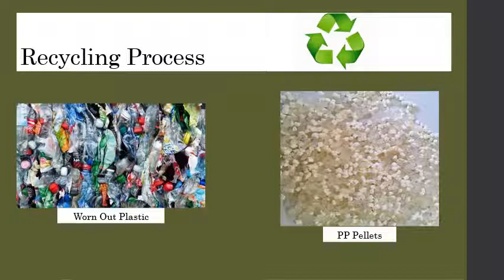To begin, all of the recycled polypropylene is collected and then sorted based off of how worn the material is and the type of grade the material is. After that, the material is then cleaned and then melted to about 500 degrees Fahrenheit to remove any contaminant molecules. Once the base polypropylene is all that is left, it is then transformed into tiny pellets, which can be remelted and formed with other materials to create new products.